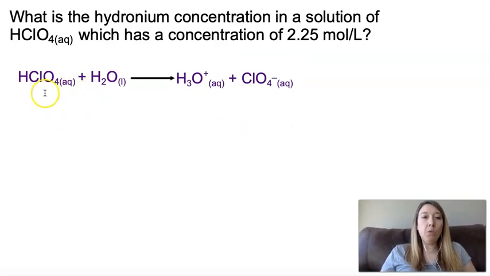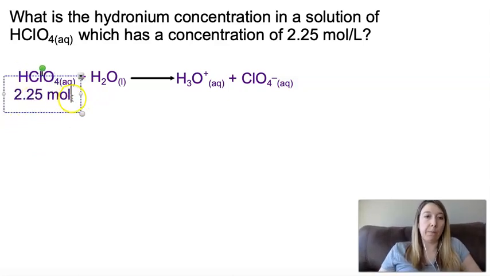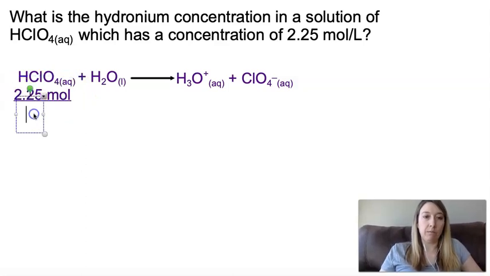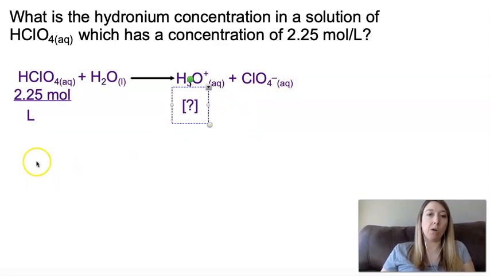Okay, so givens wise, what we have been given is the concentration of the HClO4, right? So I know over here that this is 2.25 moles per liter. And we are looking for the concentration of this hydronium ion. That is our unknown.